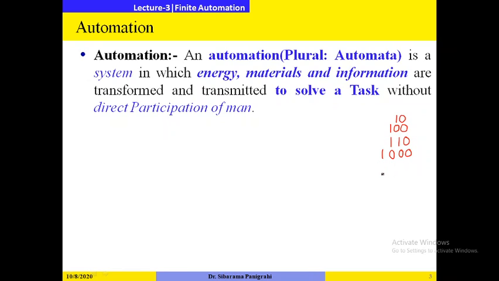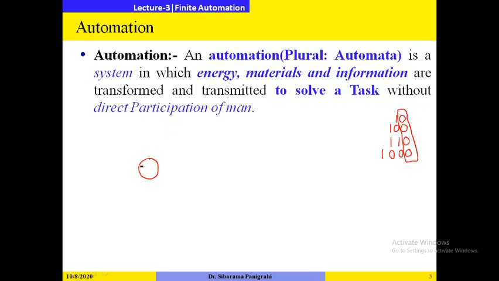Similarly, all the even numbers are divisible by 2. So here you can see one pattern: all the binary strings which are terminated with a 0 are divisible by 2. So here we can draw a finite automaton for this one.